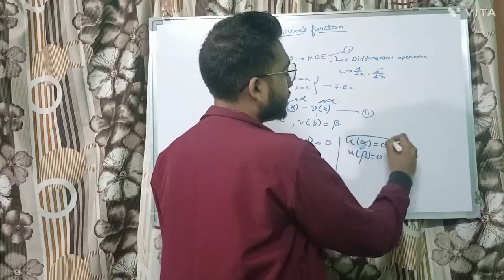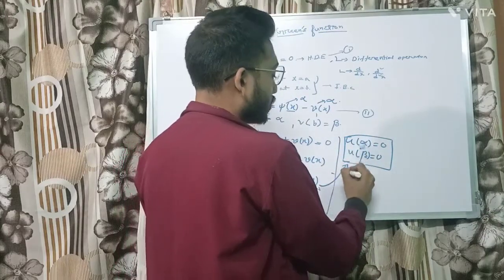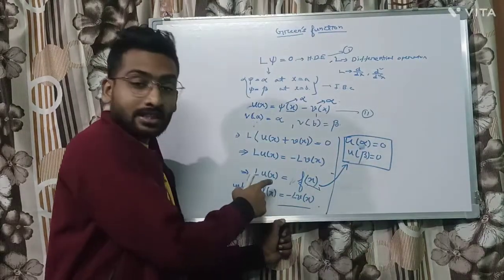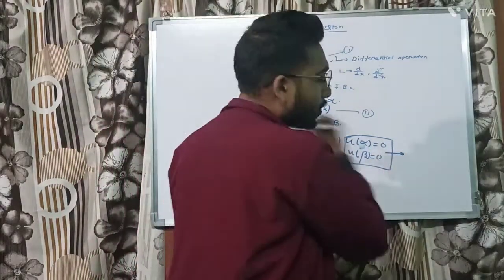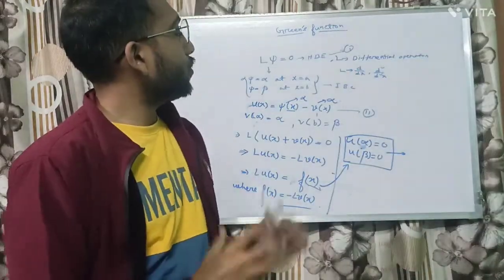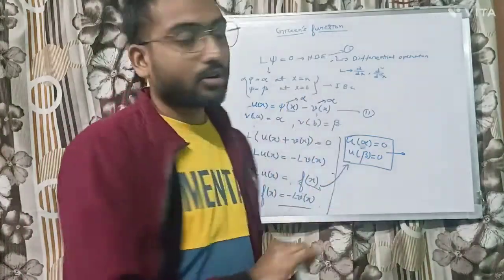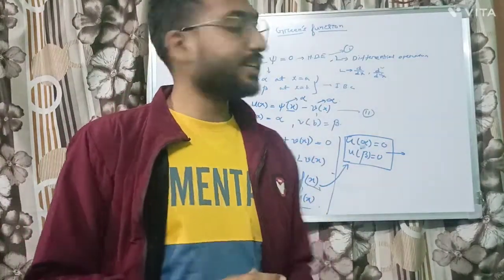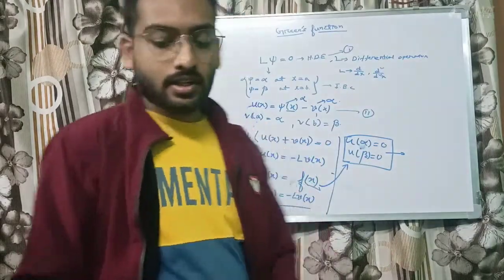So these are the boundary conditions imposed with this equation. So I get an inhomogeneous differential equation from a homogeneous differential equation with homogeneous boundary conditions. For questions with inhomogeneous boundary conditions, or where the differential equation itself is inhomogeneous, I can go with Green's function to solve this question.